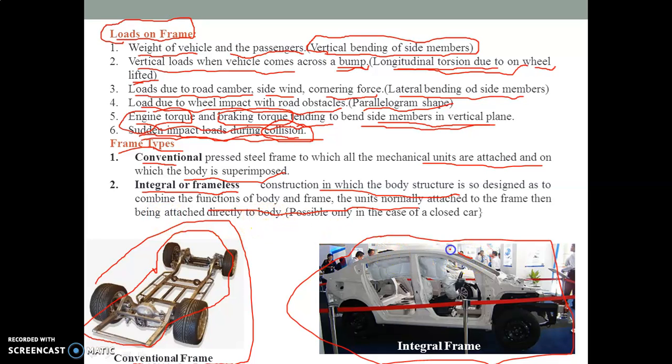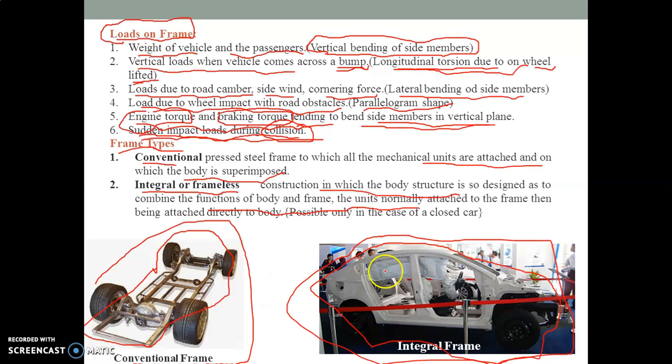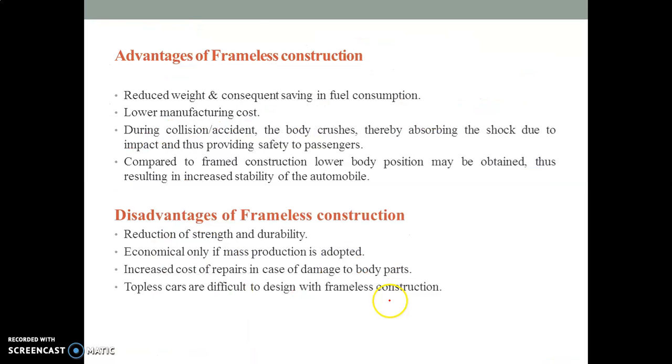Generally it is in the case of all closed cars that all the parts are connected with each other. If we compare with the conventional frame, all the important parts are fixed with the frame itself. So there are some advantages and disadvantages of the frameless structure.